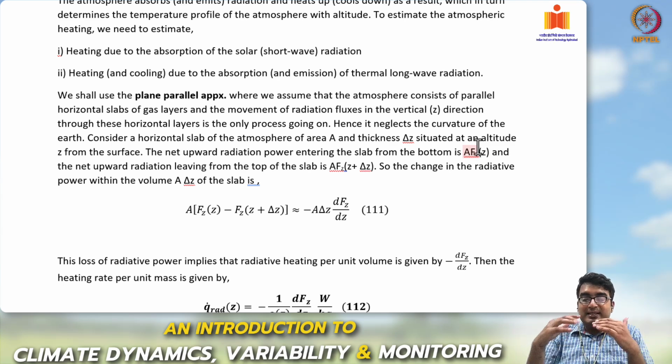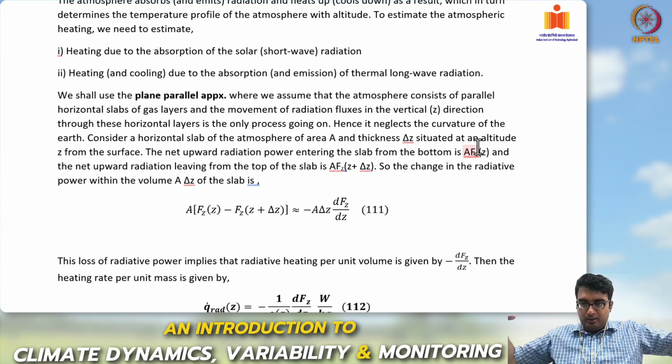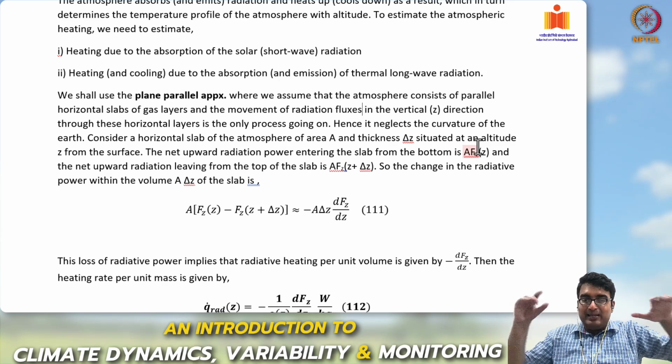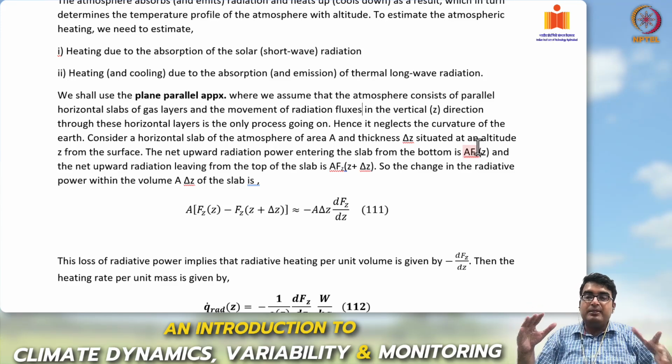Fz is the net flux at the horizontal location Z, and A is the area horizontal to the ground. So the surface at any location Z is A, and the flux, in watt per meter square, is the flux through that surface.